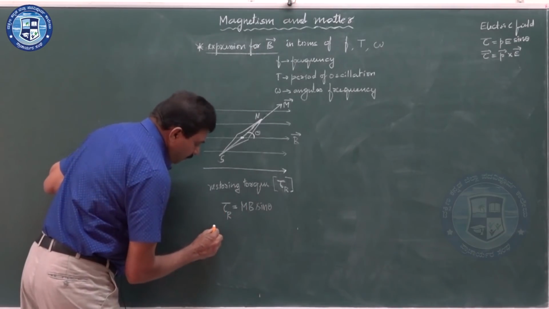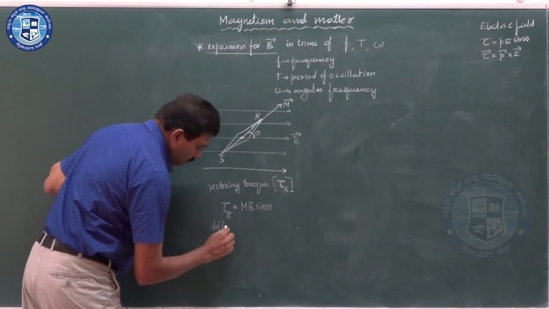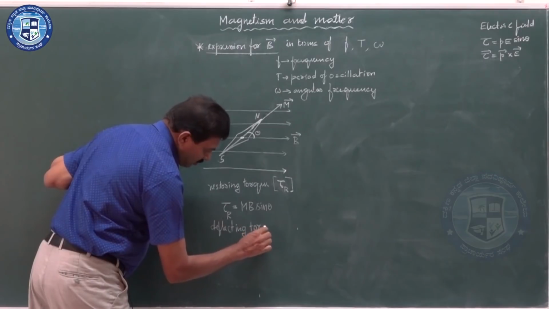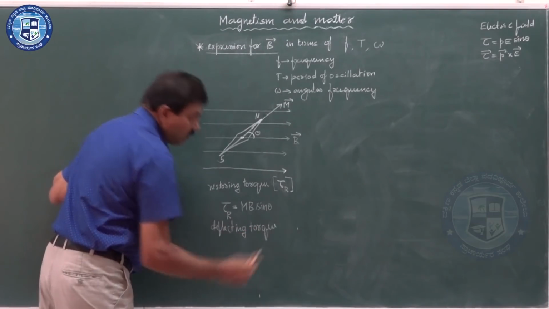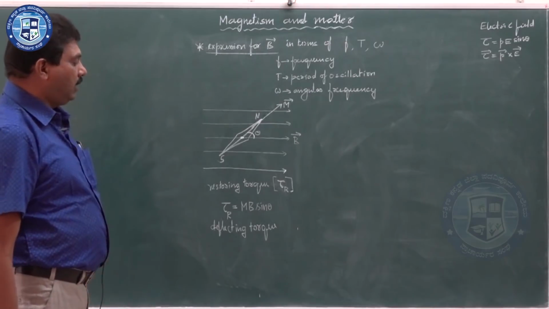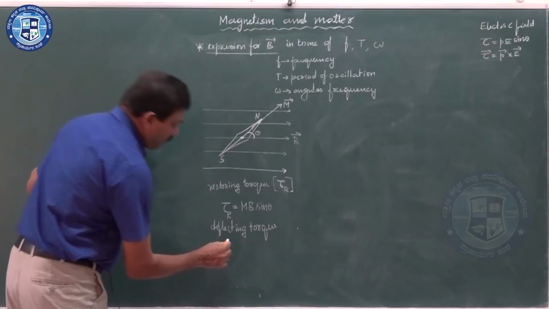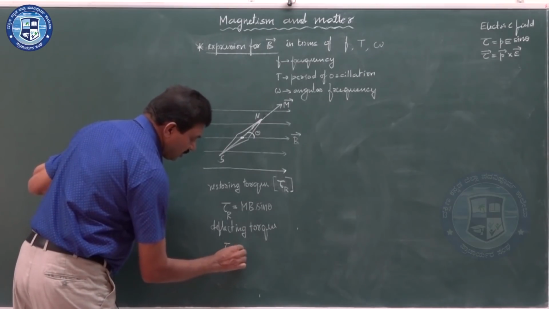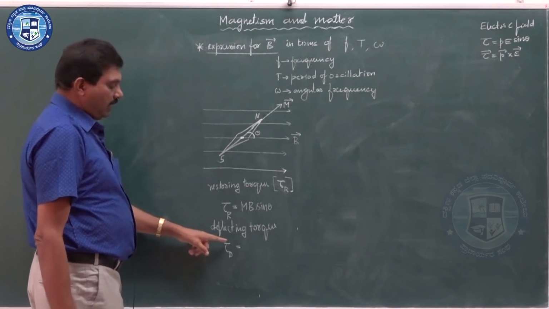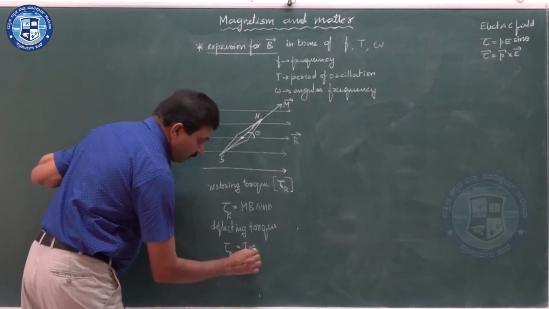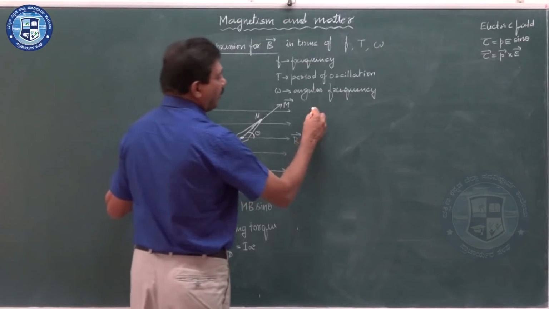Now, the deflecting torque, which is trying to deflect the needle away from the magnetic field. The deflecting torque I am representing as tau d, where it is equal to I into alpha. What is I?